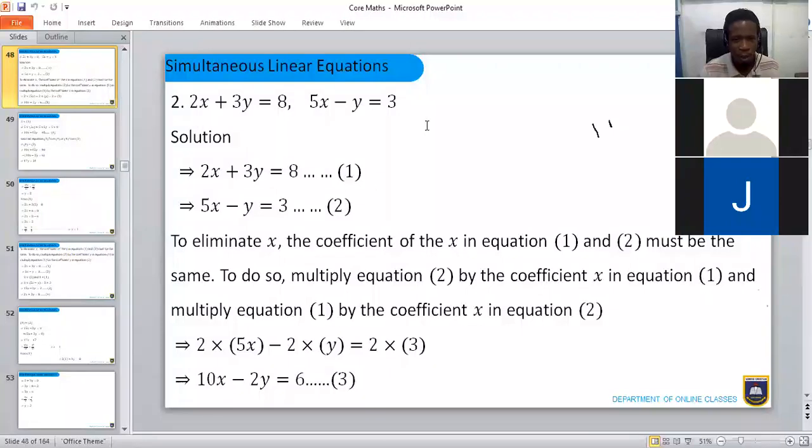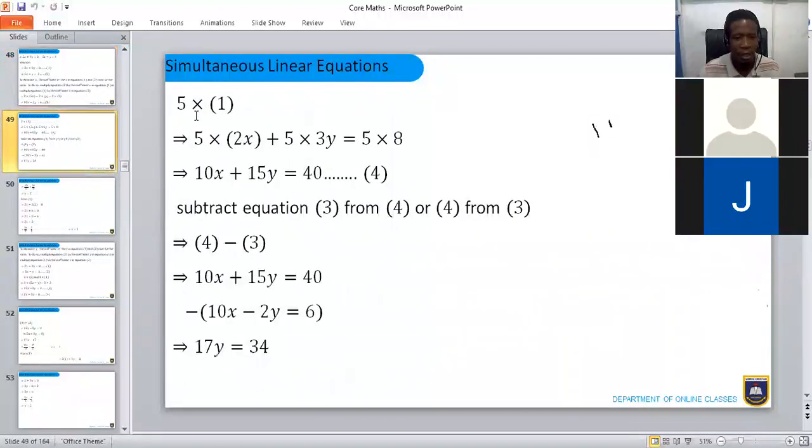So you multiply the whole equation 1 by 5. That will give us 5 times 2x plus 5 times 3y is equal to 5 times 8. Then we get 10x plus 15y is equal to 40. Then we label this new equation, equation 4. Are you okay with that?